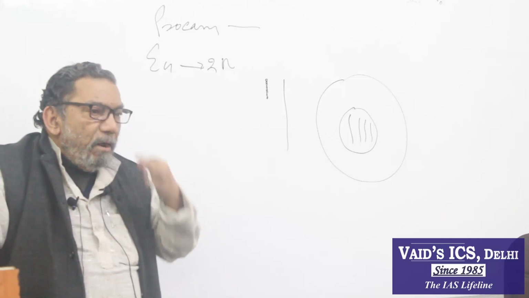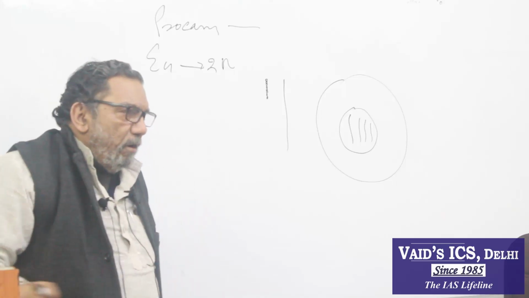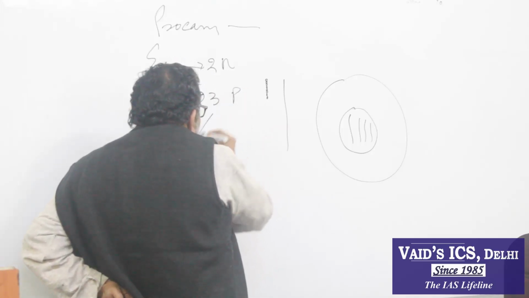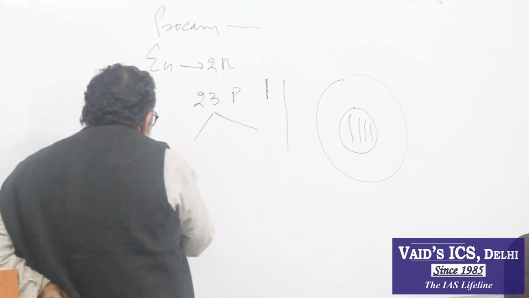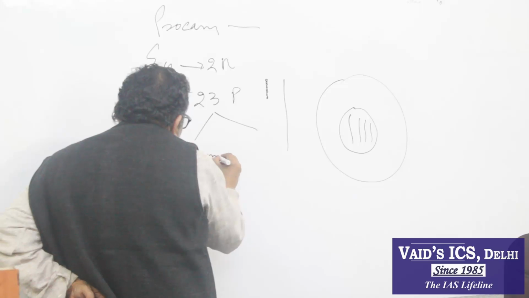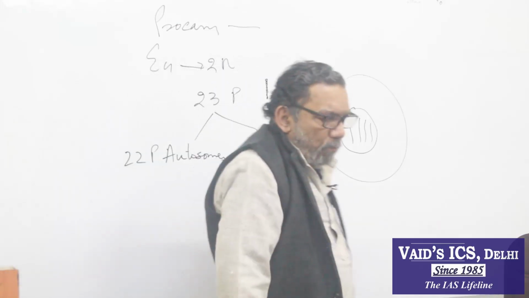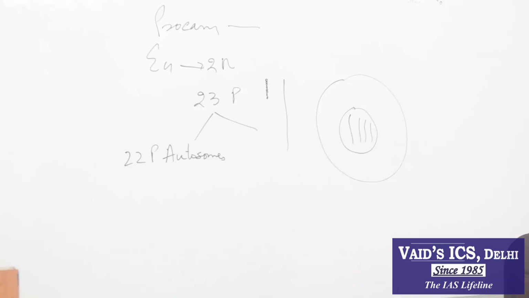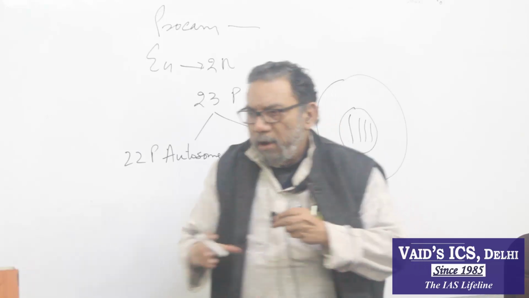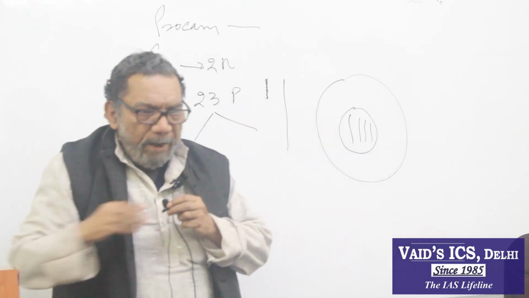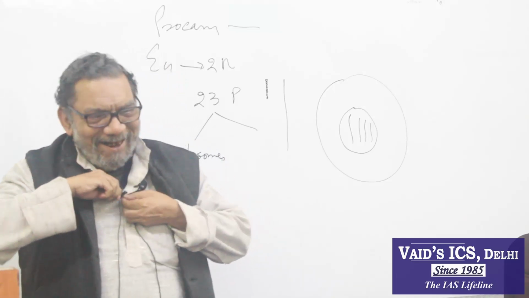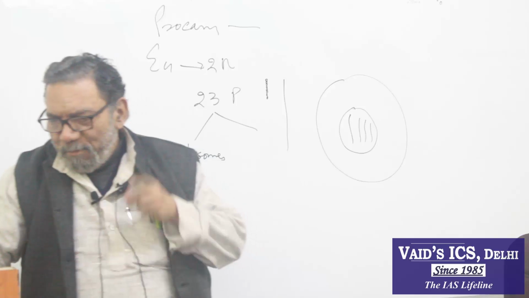In man, n would be 23. So, we have 23 pairs of chromosomes, and that we divide into two categories. 22 pairs we call autosomes, and the 23rd pair is the sex chromosomes.